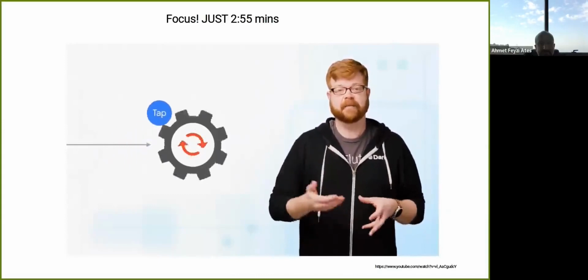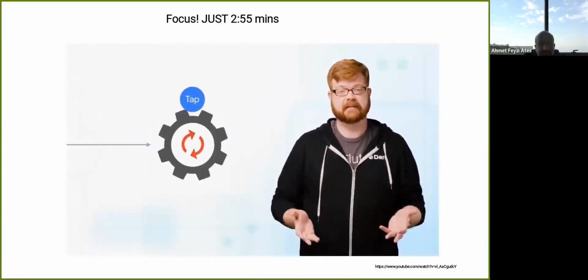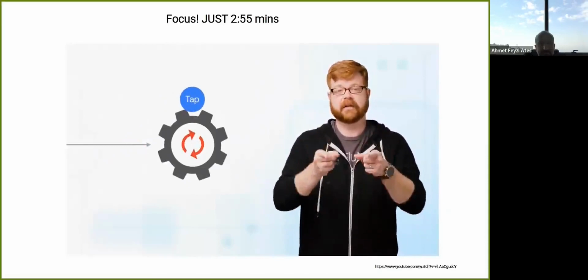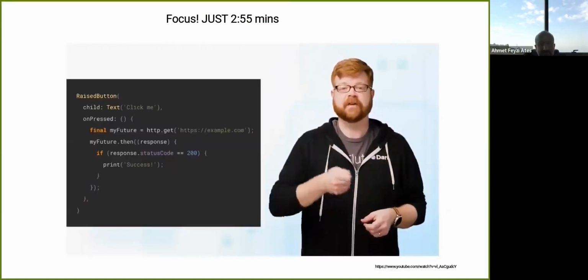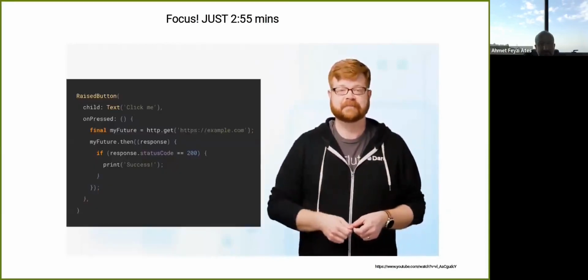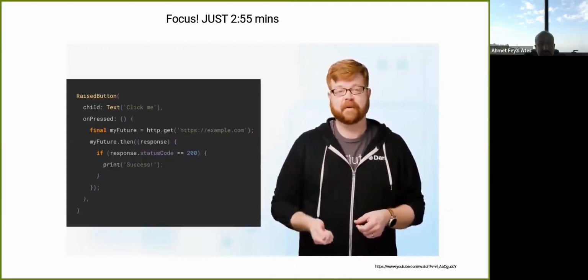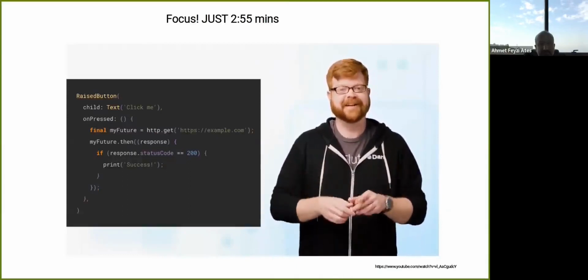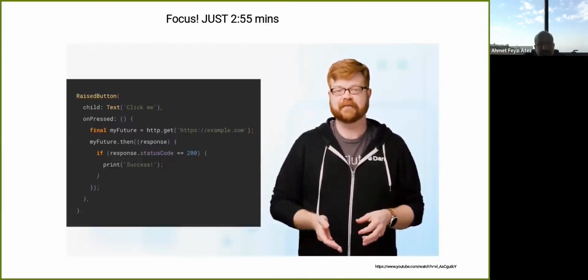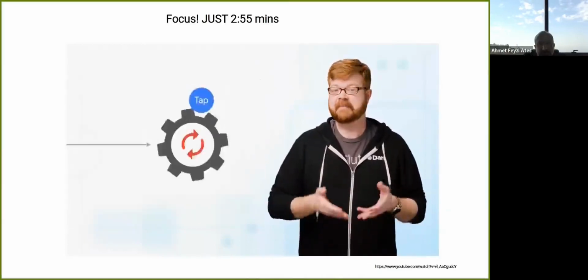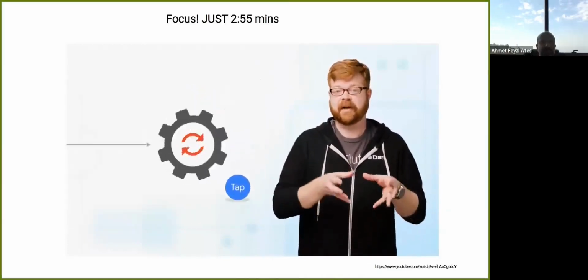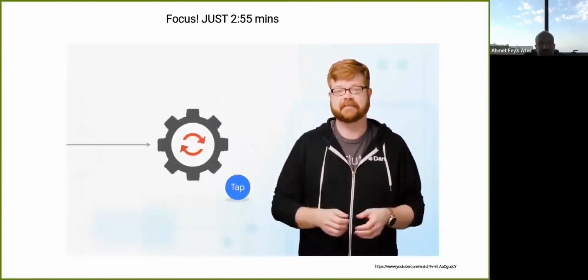That event gets picked up for processing. Flutter looks at it, and the rendering system says, hey, those coordinates match the raised button. So Flutter executes the onPressed function. That code initiates a network request, which returns a future, and registers a completion handler for the future by using then. And that's it. The loop is finished processing that tap event, and it's discarded.